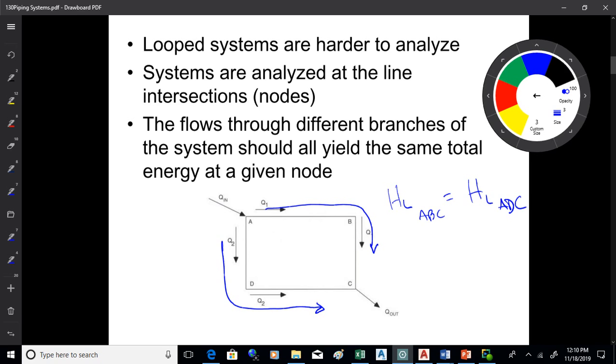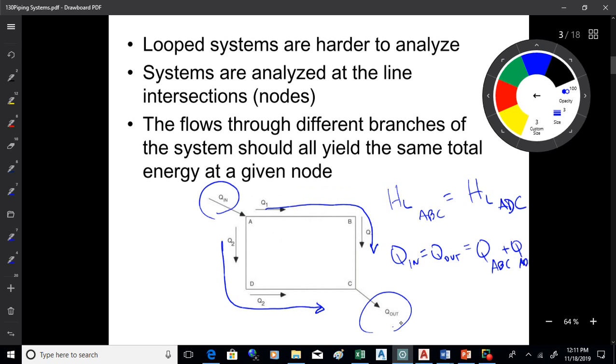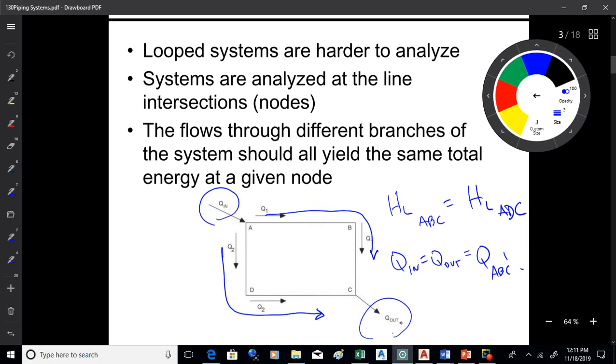So that's how the flows work themselves out. What you're going to have here is Q in equals Q out, of course, because what flows in will be flow out. So I've got in and I've got out, and that's going to equal Q ABC plus Q ADC. So that's the basics of it right there.